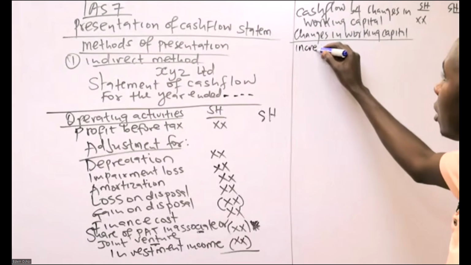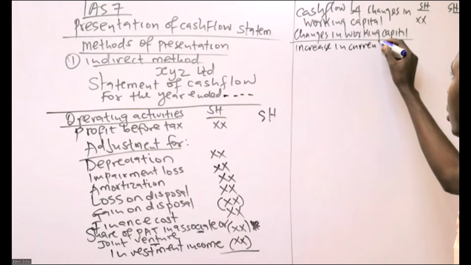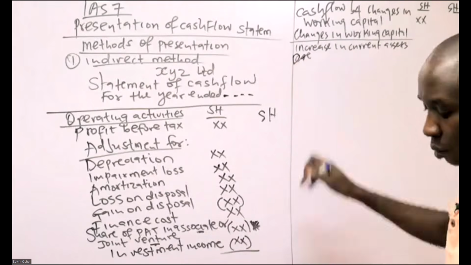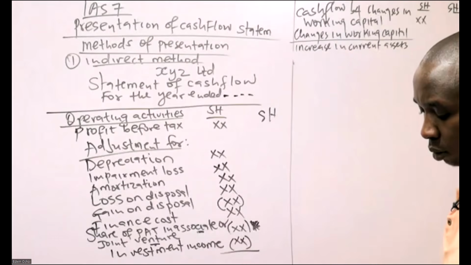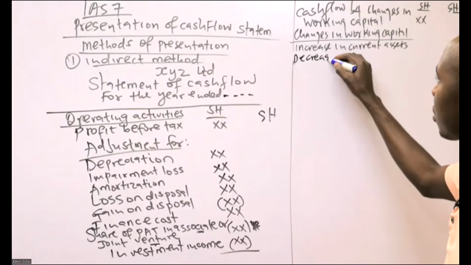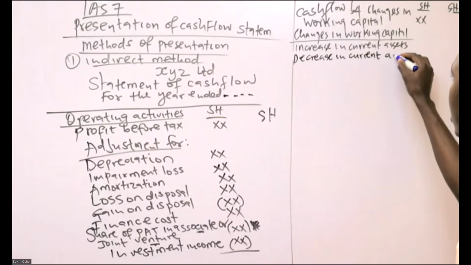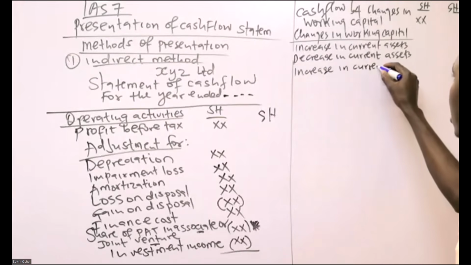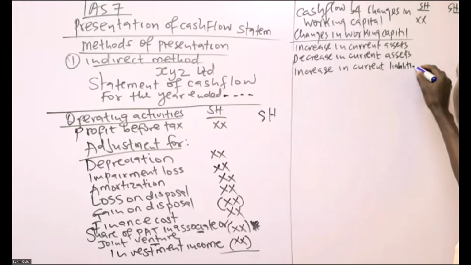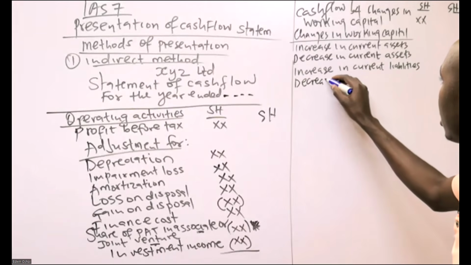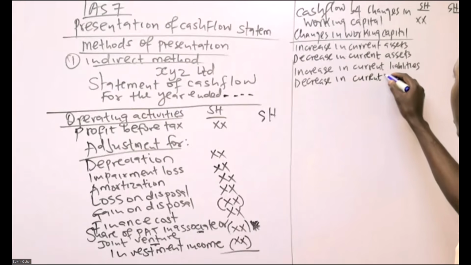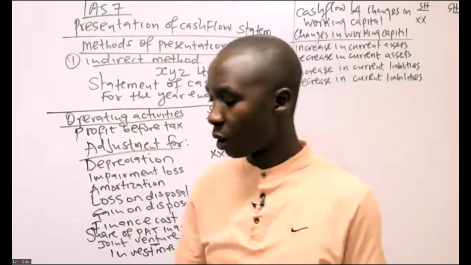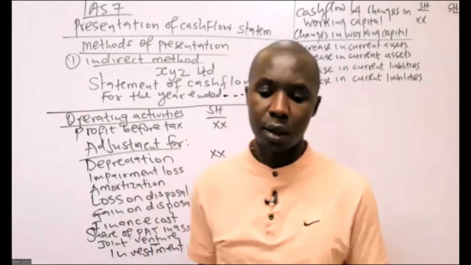So you talk about the increase in current assets, the decrease in current assets, the increase in current liabilities, and the decrease in current liabilities.